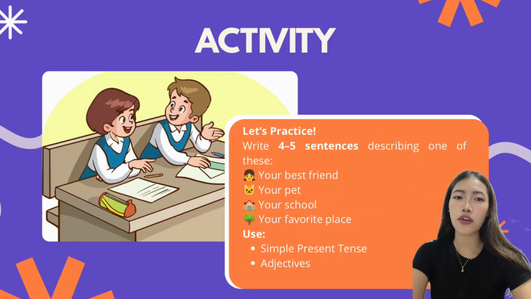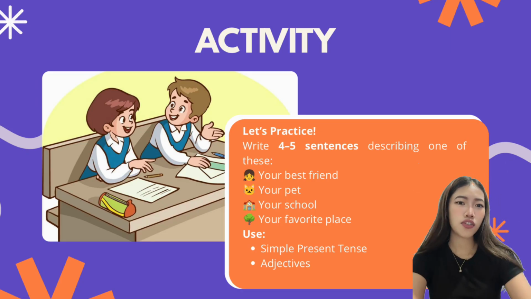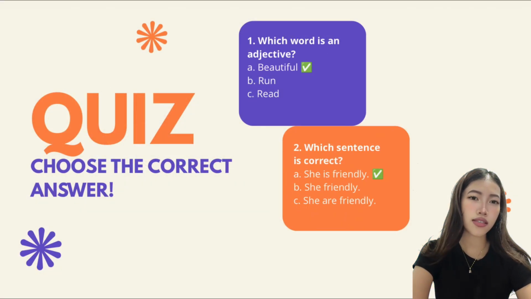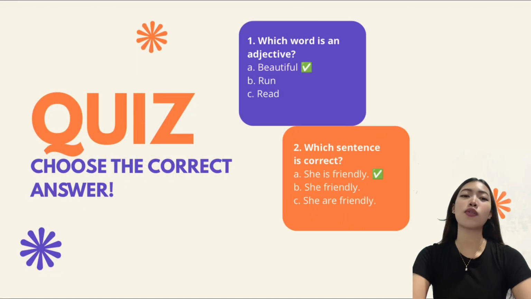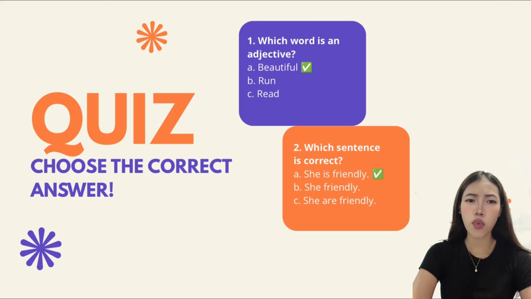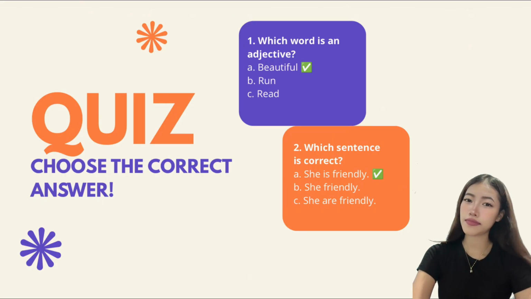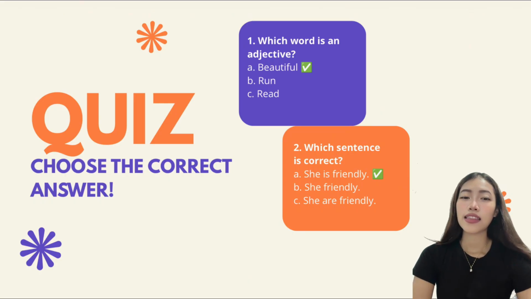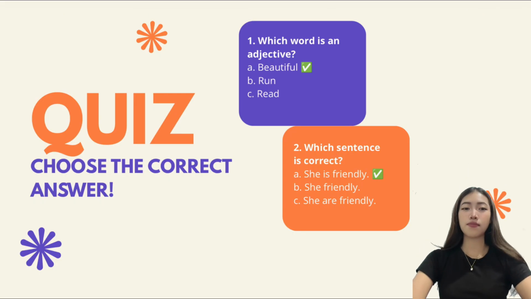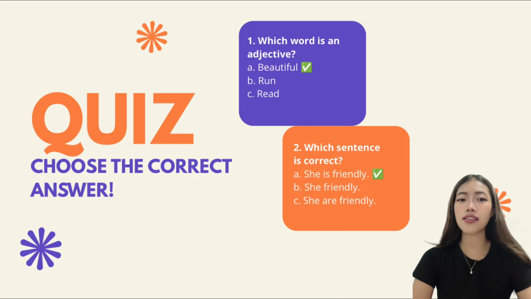Okay guys, before we finish, let's do a quick quiz. Question number 1. Which word is an adjective? Beautiful, run, or dead? Yes, the correct answer is beautiful because it describes a noun.